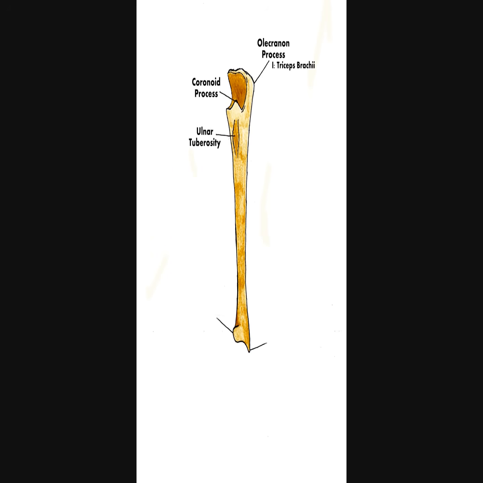This muscle is just deep to the biceps brachii. When this muscle contracts, it actually pushes the biceps up. This muscle is brachialis. So brachialis inserts onto both the coronoid process and the ulnar tuberosity. It's not a very long muscle, but it's a very powerful muscle.